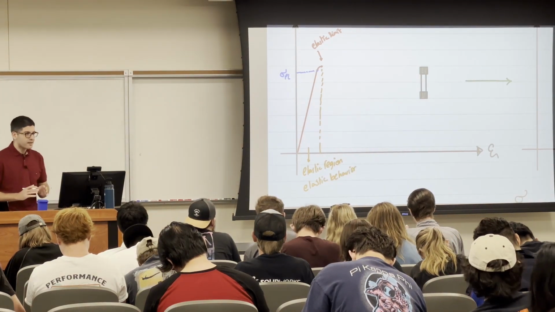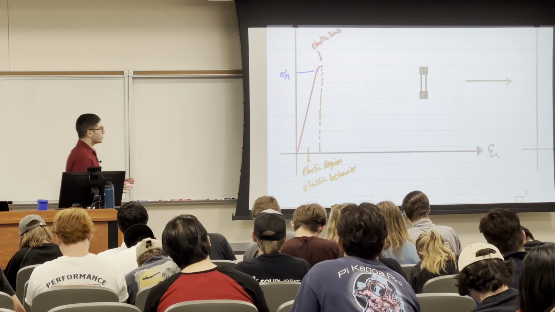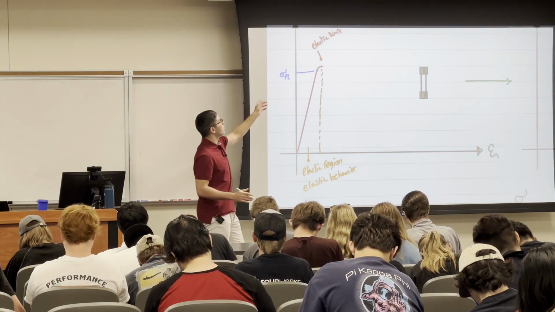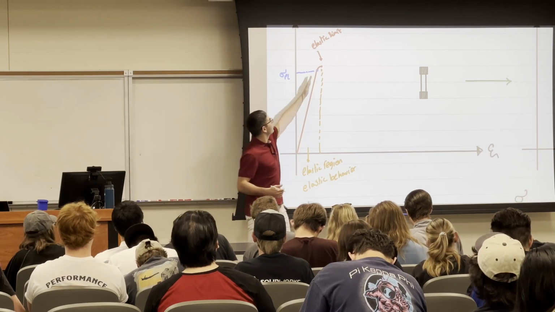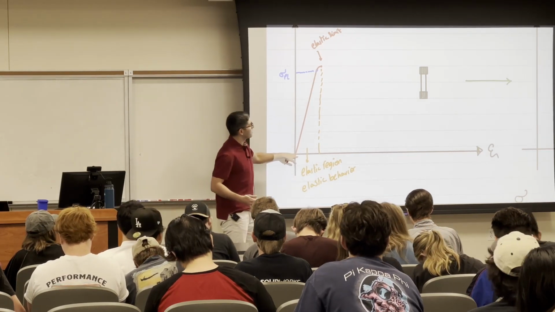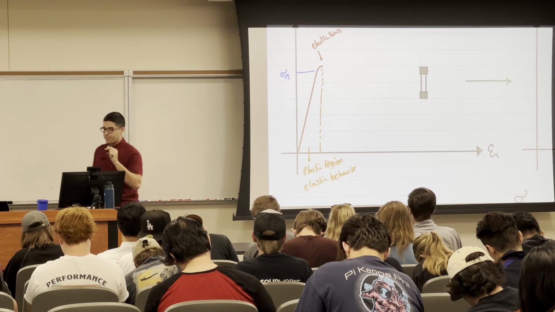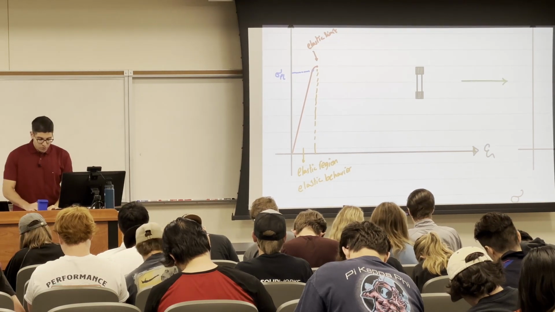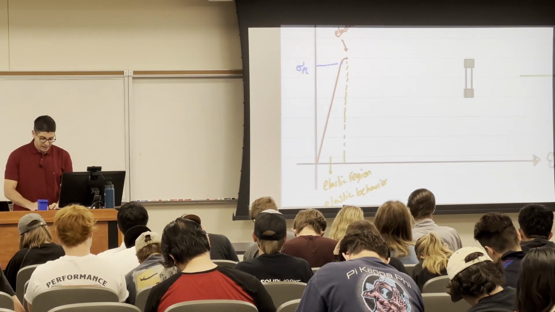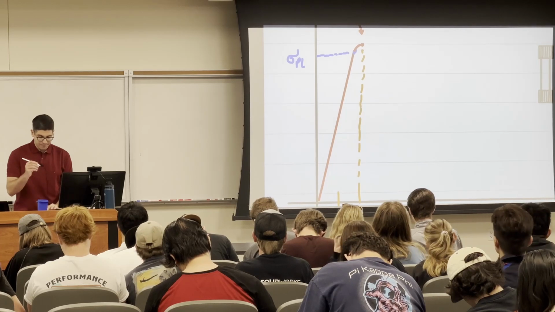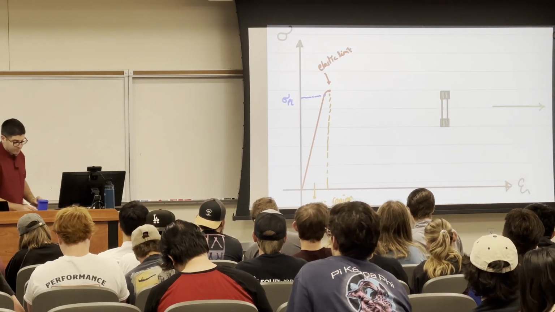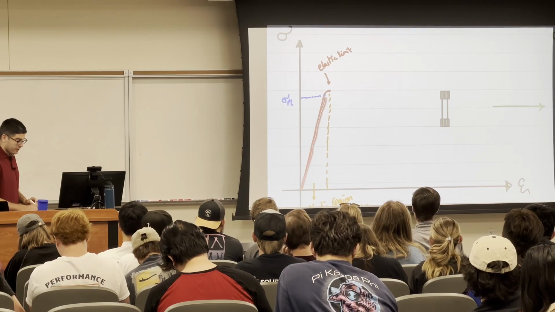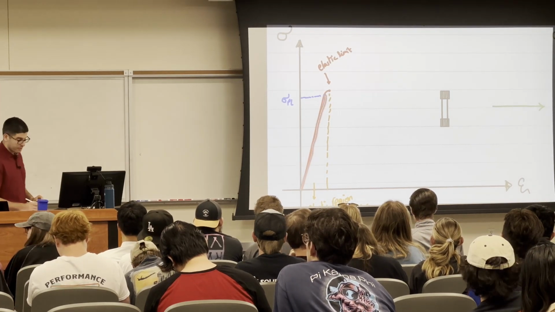And what does that mean again? That means if you load it until the proportional limit or elastic limit, and you unload it, it's going to return back to zero. What I need you to notice here, which is the difference between the proportional limit and elastic limit, is that this linear elastic line does have a slope.